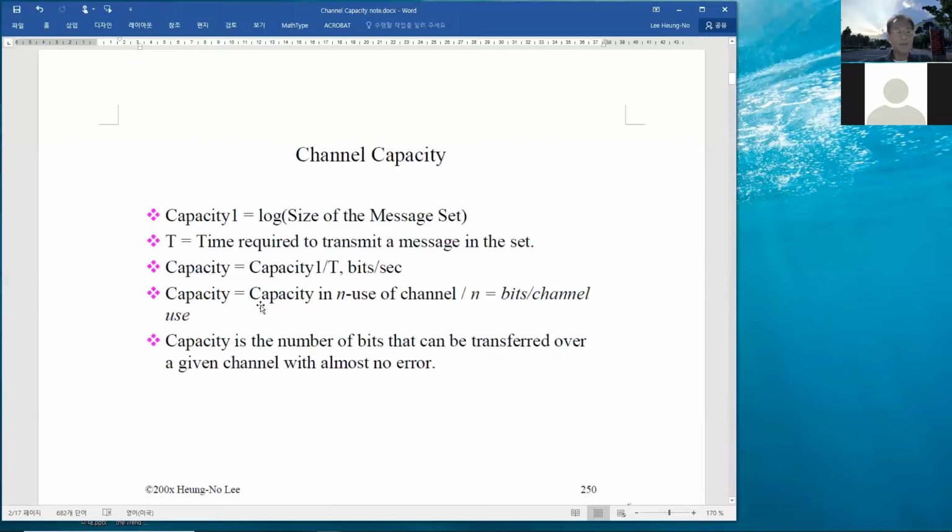Then the capacity per single channel use can be defined as bits per channel use. So that's the bits per channel use. Capacity is the number of bits that can be transferred over a given channel with almost no error. So a given channel has a variety of different definitions, as I have said right here. So that's channel capacity.